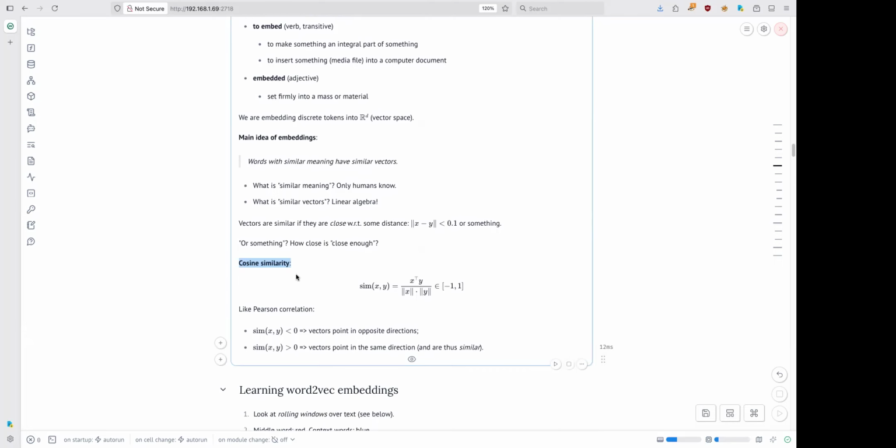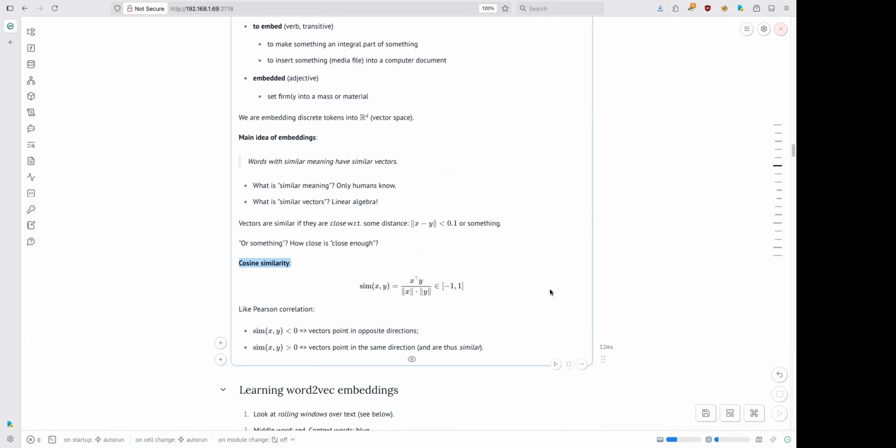This is the definition of cosine similarity. It looks exactly like the Pearson correlation coefficient. It's basically the same thing. It ranges from -1 to +1, where negative values mean that the two vectors point in opposite directions, and positive values mean that the two vectors point in the same direction.